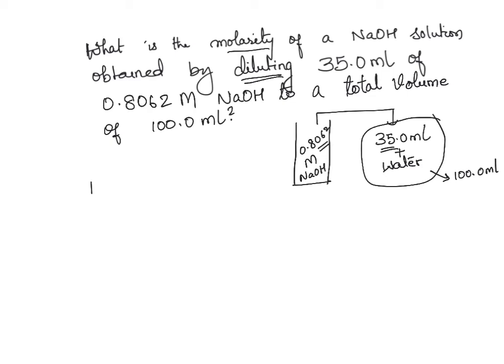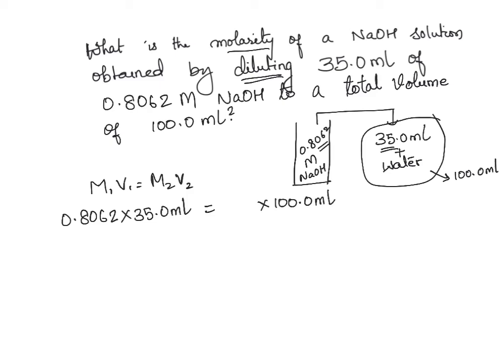So we use M1V1 equals M2V2. M1 is for the initial solution, so 0.8062, and we're using 35 milliliters of it to get a total volume of 100 milliliters, and we want to know what is the molarity, right?